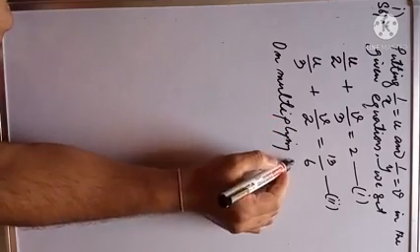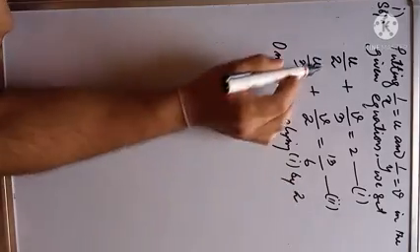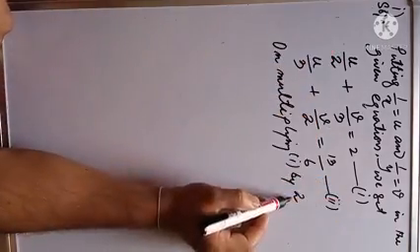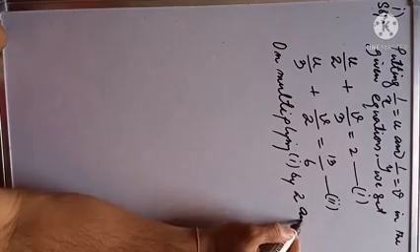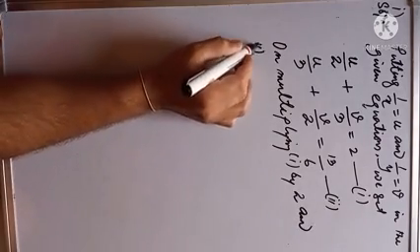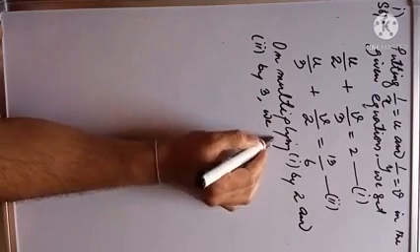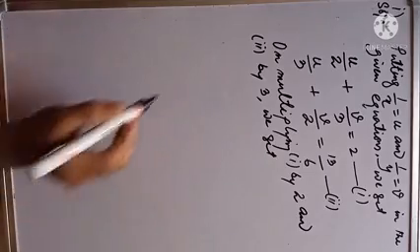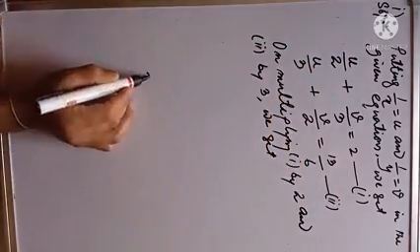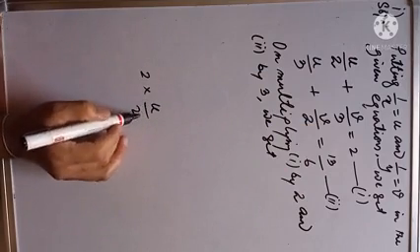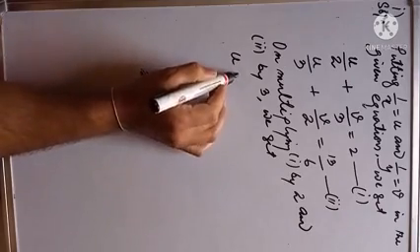For that, let us multiply equation 1 by 2 and equation 2 by 3. If we multiply equation 1 by 2, it will be 2 into u by 2, the 2s cancel, so we get u plus.